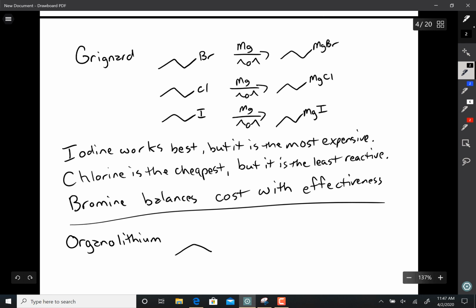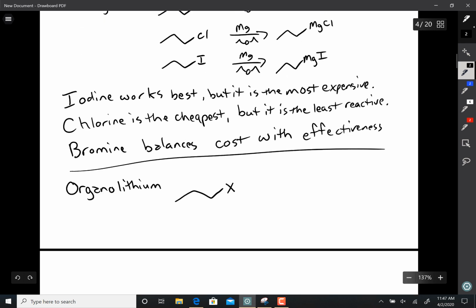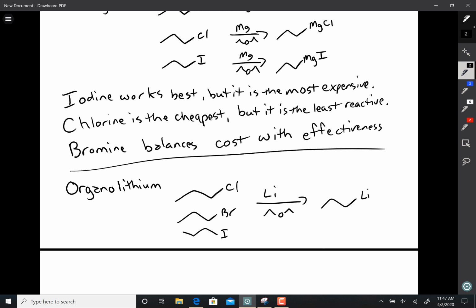Organolithiums. You essentially take, again, any of these things, not magnesium: chloride, bromide, or iodide, and you treat it with lithium metal and a suitable solvent, and you get an organolithium out of it.